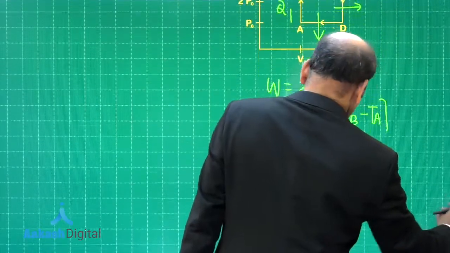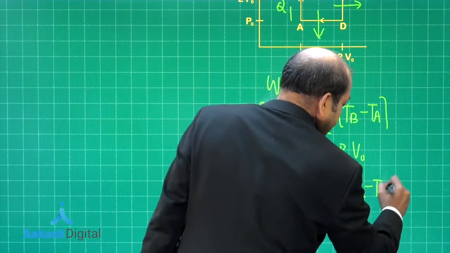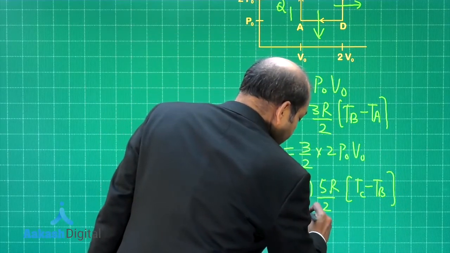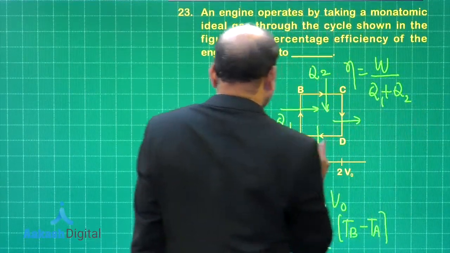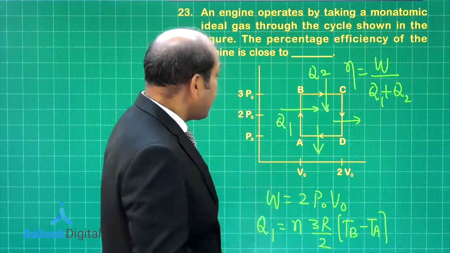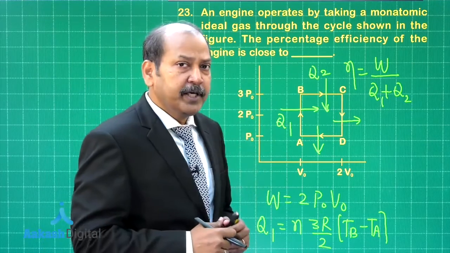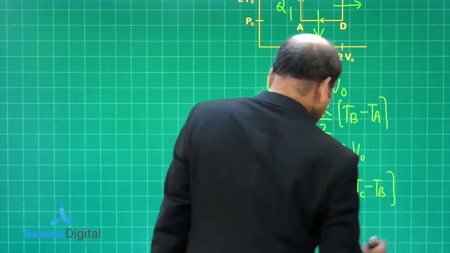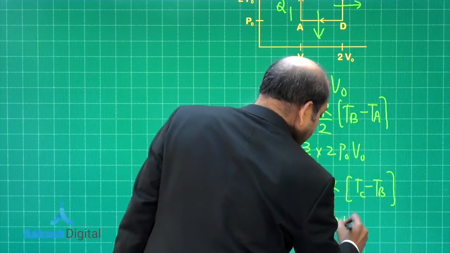That means we have to put a factor of Tc minus Tb. So this comes out as 5 by 2 into nRTC, and nRTC is 6 P naught V naught, and nRTB we have seen is 3 P naught V naught. So the difference would be 3 P naught V naught. So this is coming out as 5 by 2 into 3 P naught V naught.